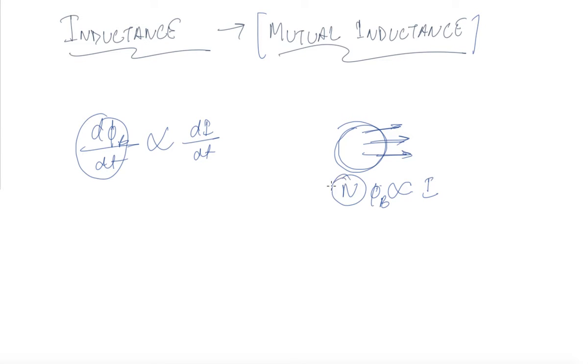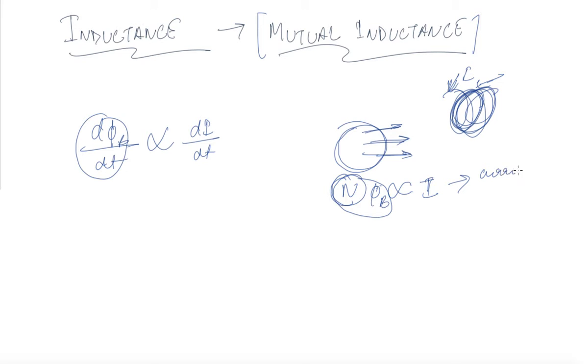So if we increase the number of turns in a wire, more current will be generated. So the number of turns times the magnetic flux is directly proportional to the current so produced.